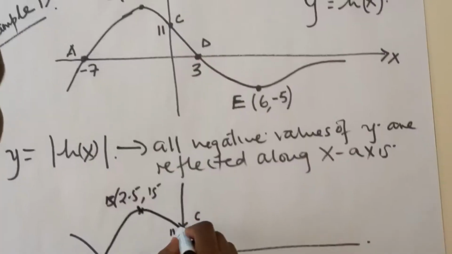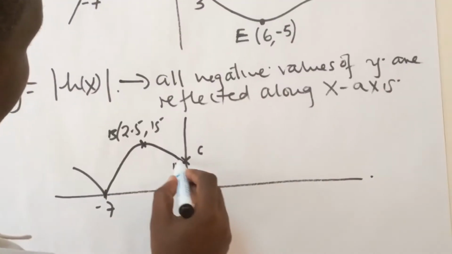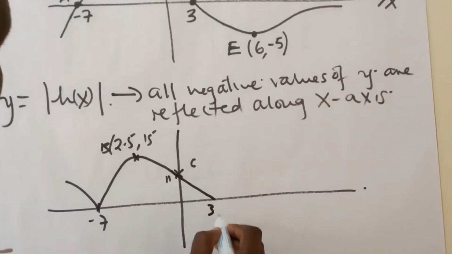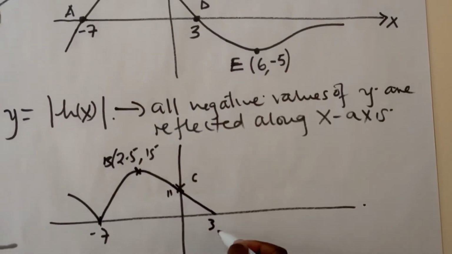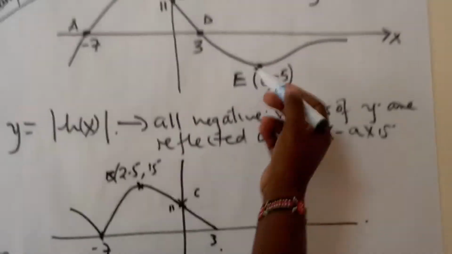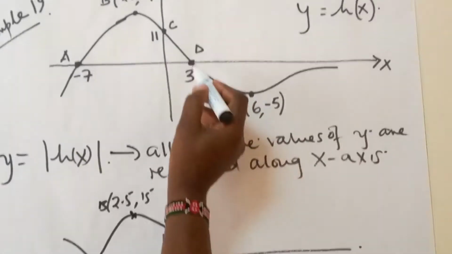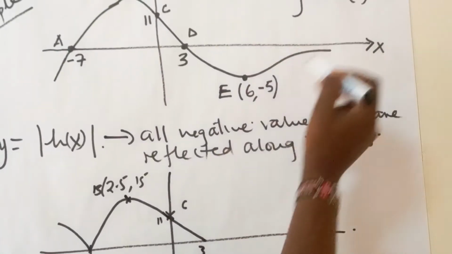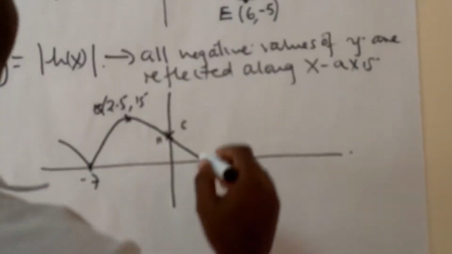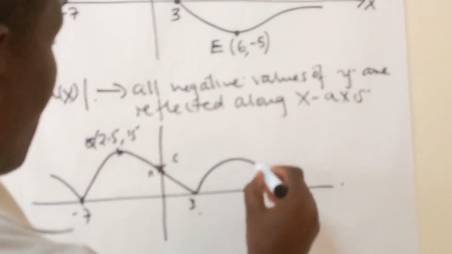All those parts, until when x equals 3, again we now get to the positive side, and this is the part which now reflects along the x-axis, of course, to the positive value of y.